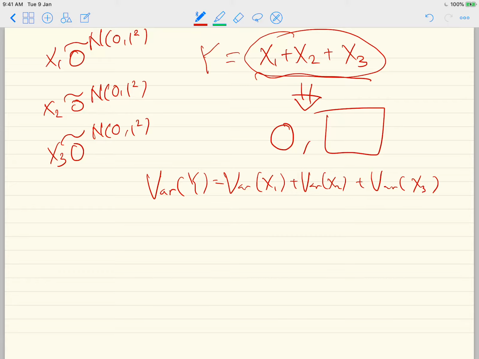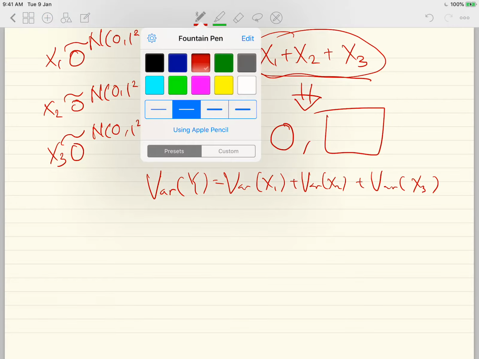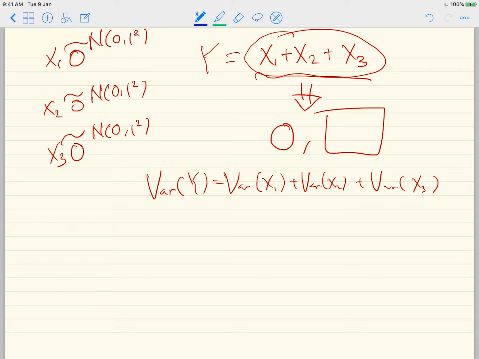So this holds true when x1, x2, and x3 are statistically independent, okay? In this case, once we add more and more input nodes, the variance will increase, right? Because that is the summation of all the variances of the input nodes. And so in this particular case, the variance of y will be 3, right?